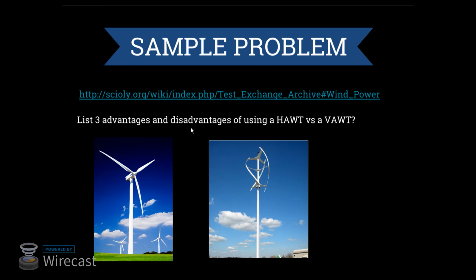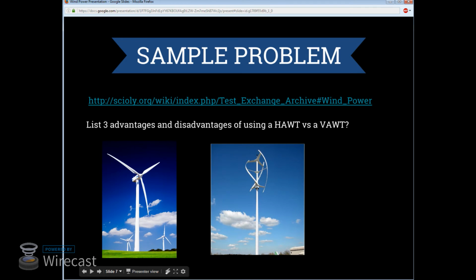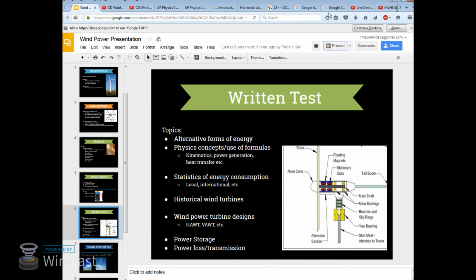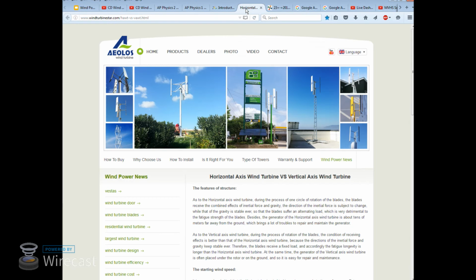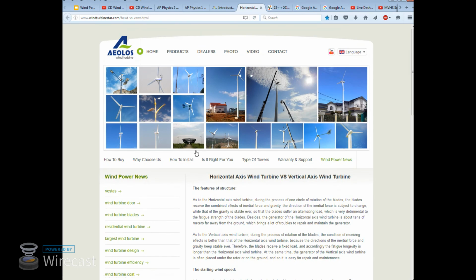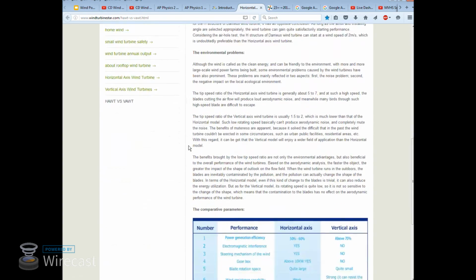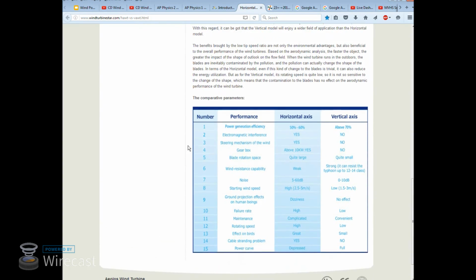Some advantages and disadvantages you could find by Googling, of course, or I have a page open right now with the pros and cons of horizontal versus vertical axis wind turbines.